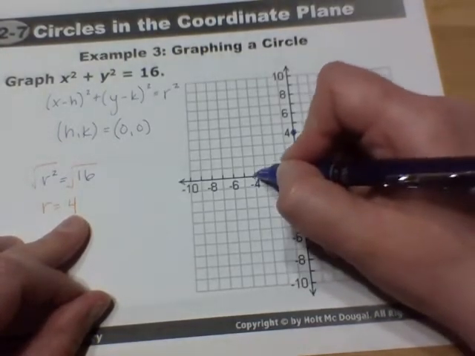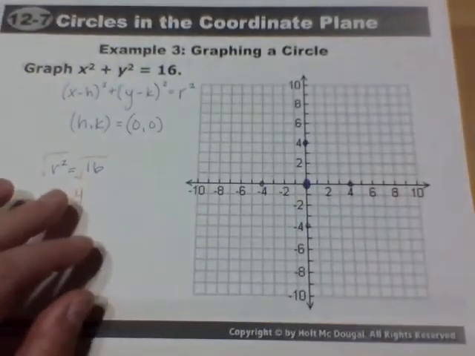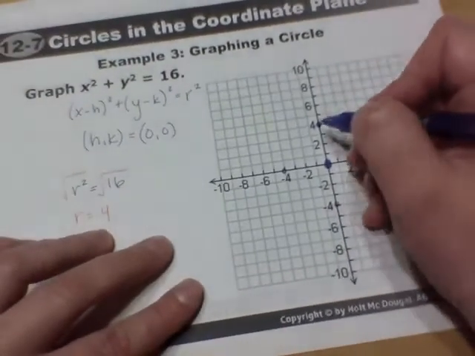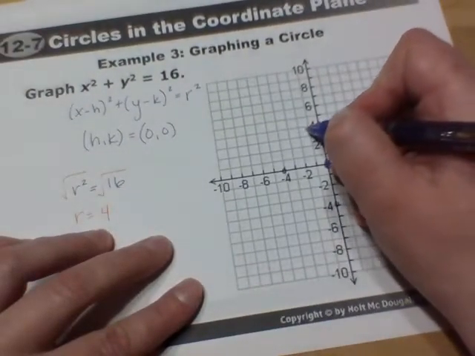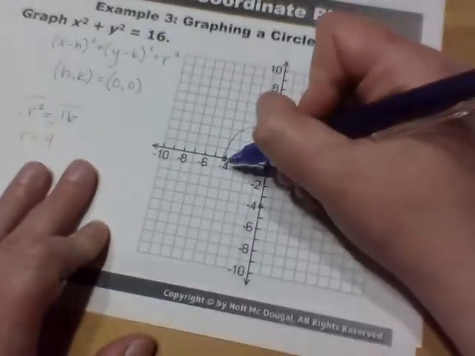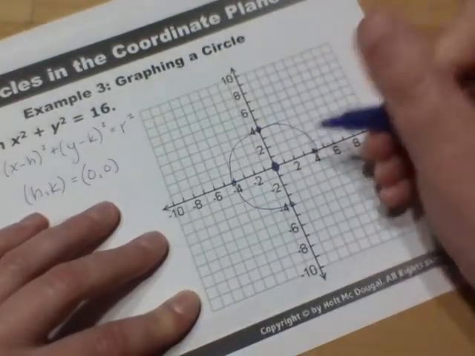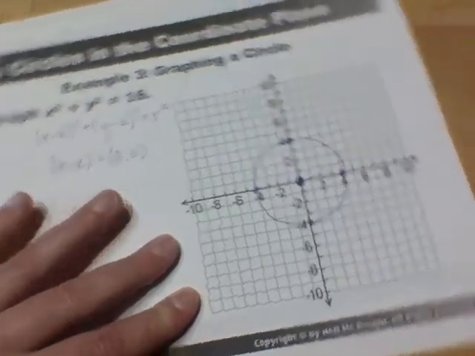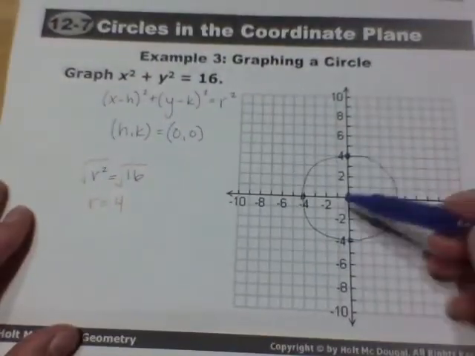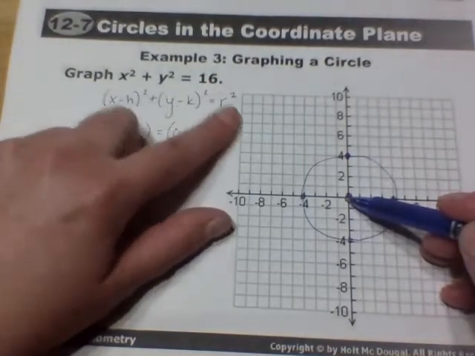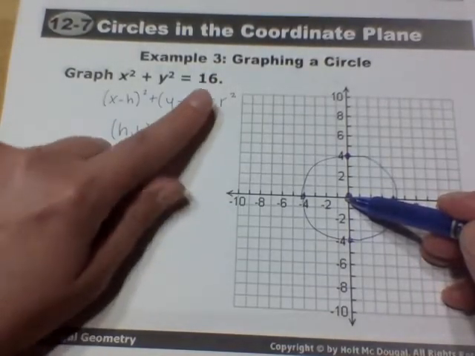And I suppose if you have a compass, you can make this really pretty. But the idea is that you're going to kind of follow a curve here to hit all of these 4s. So that's our circle with center 0, 0 and radius 4, which came from that 16.